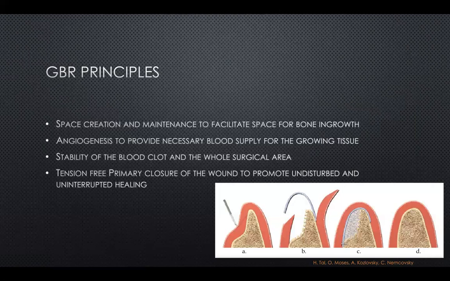So we have to approximate our flap without tension, so the flap will cover the whole area without tension. So if we have tension and we have a primary closure, most likely after 2 or 3 days, these flaps are going to become apart and the whole area is going to become compromised.